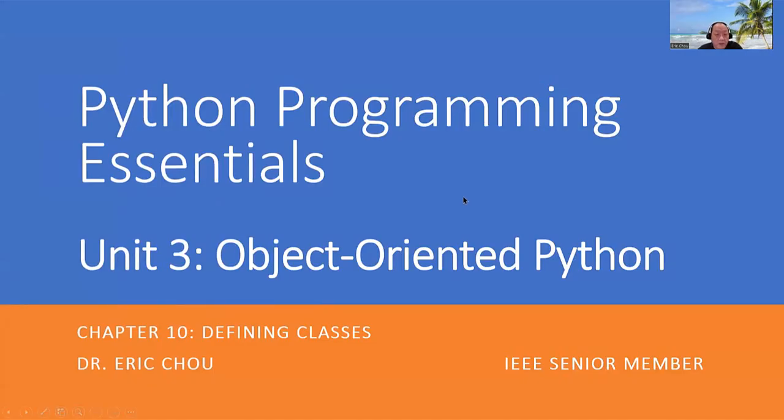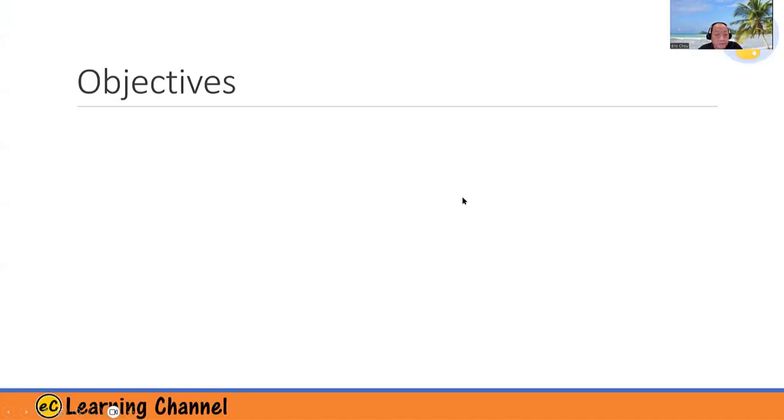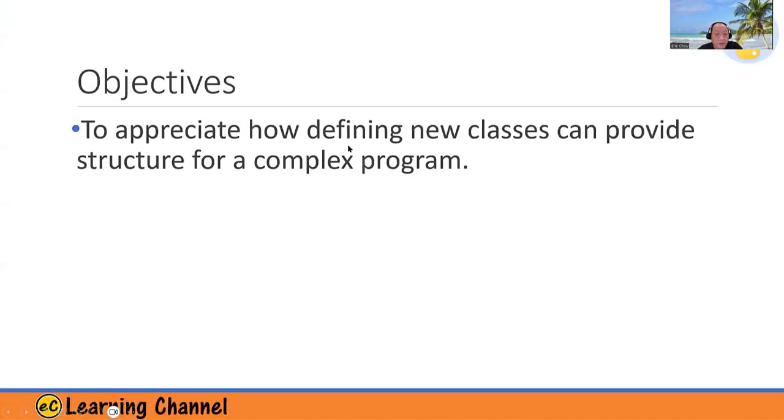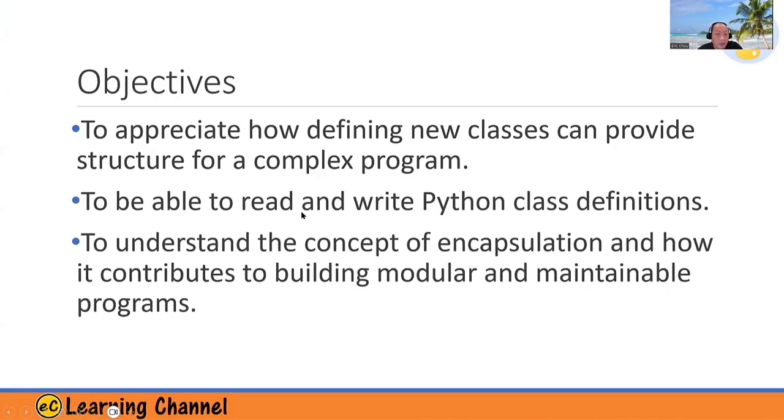So today we go into the classes, and then we will appreciate how to define a new class, providing a complex structure, and then read and write the Python class definition.